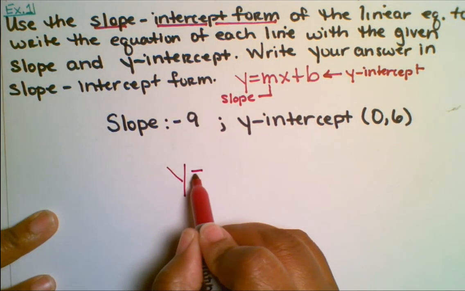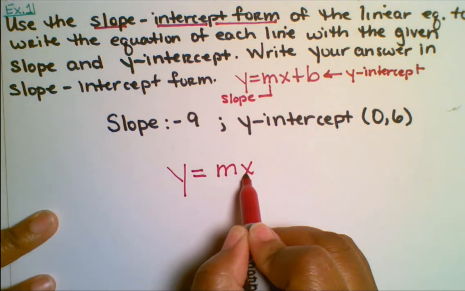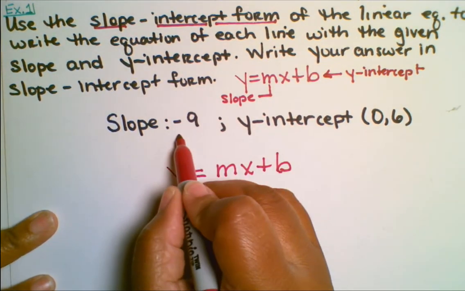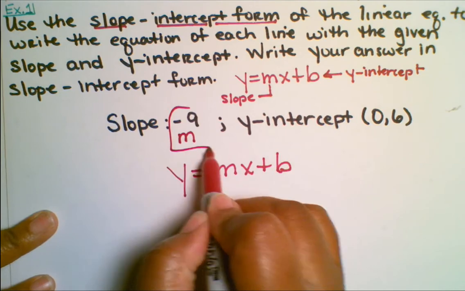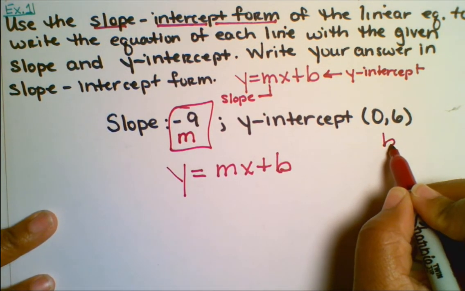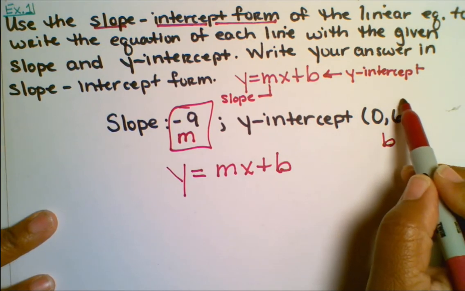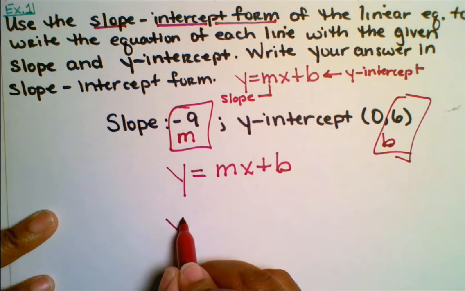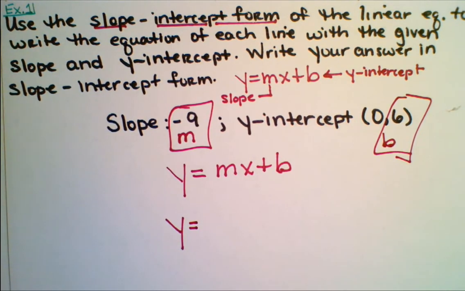Let me rewrite the formula again. Y is equal to mx plus b. We have the slope, which is 9, and we have the y-intercept, that's our b, which is 6. So we're going to plug those values into this equation.